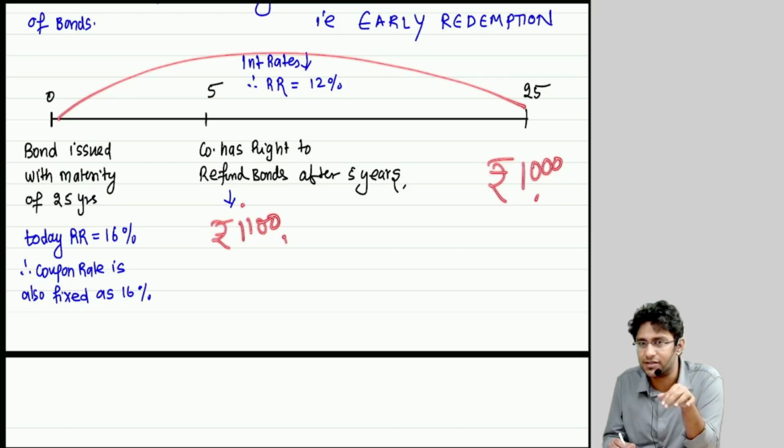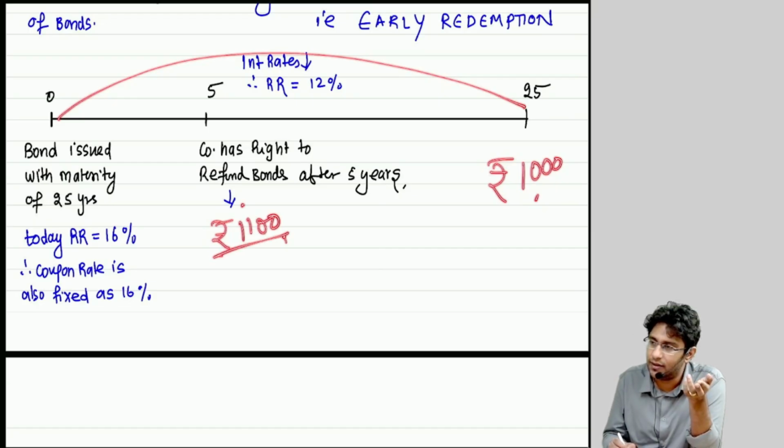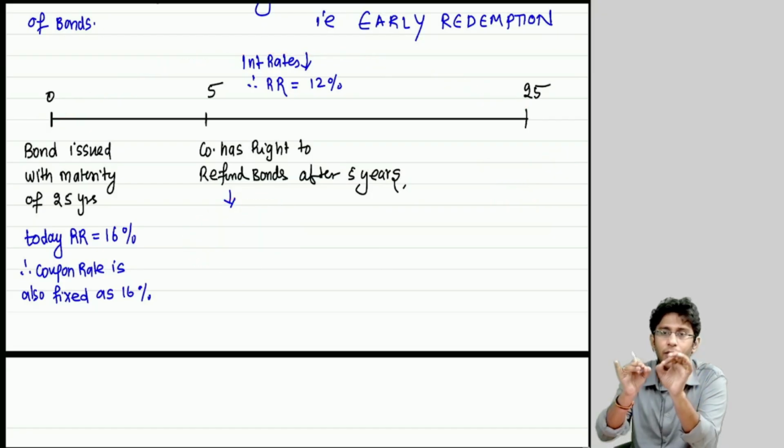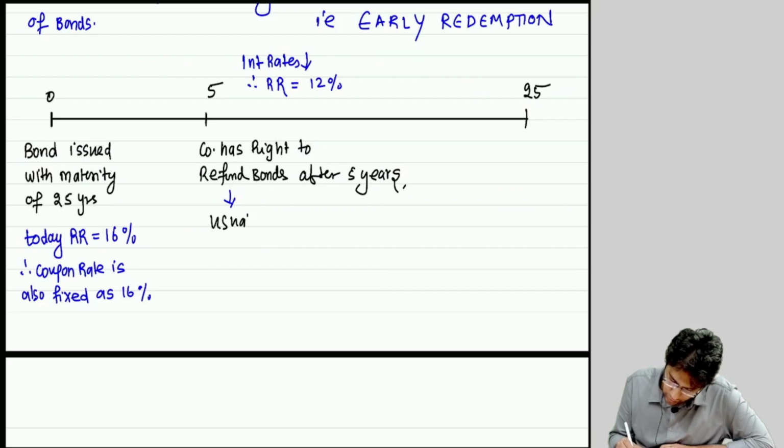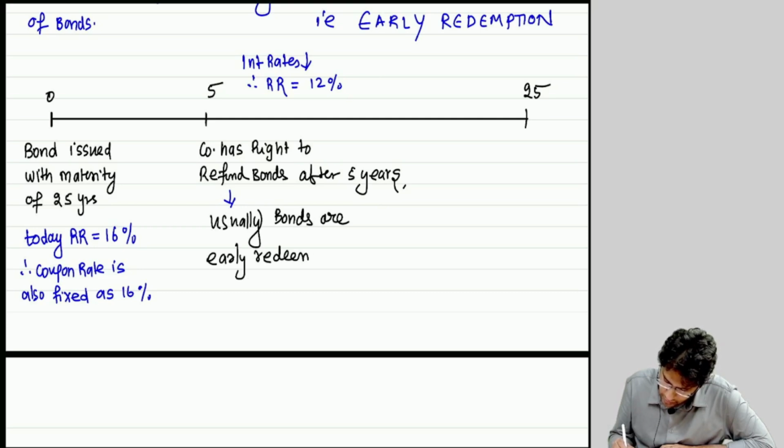If the company cancels the bond, then I will anyway get a premium on redemption, 1100 instead of 1000. That way also I am happy. So the investor will eat this biscuit, sir. Premium on redemption is there. So bonds are early redeemed at premium.